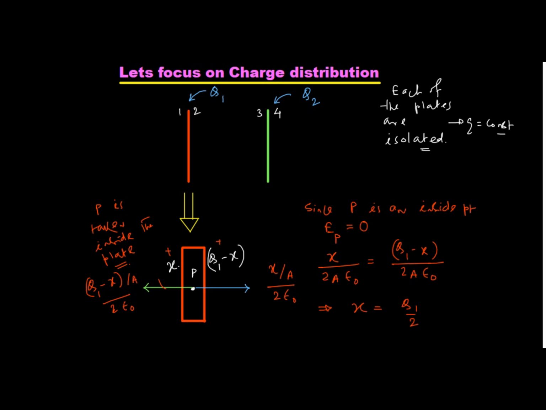So the point that is needed here is: half of the charges given to a system will come on the outermost surfaces. All right. So half of the charges will come on the outermost surfaces. This is the thing that we have to consider here.